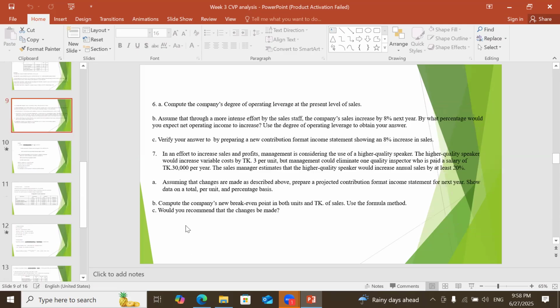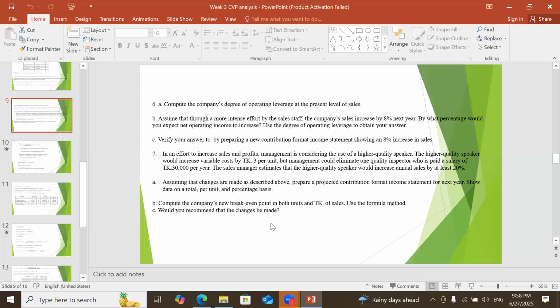7.C. Would you recommend this change? Definitely, you recommend this change because if you do it, then you will get more net operating income.